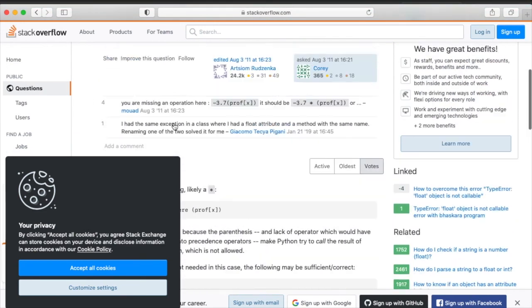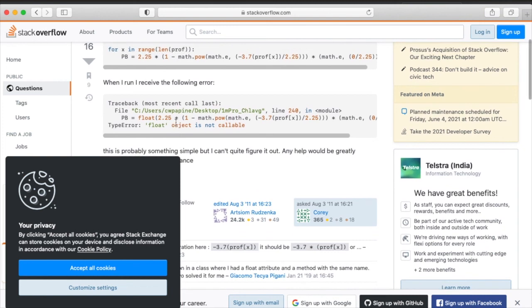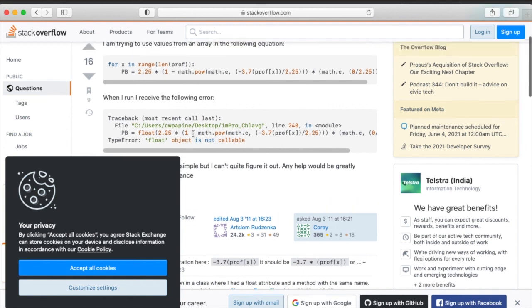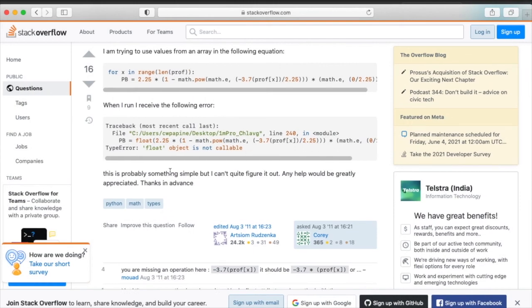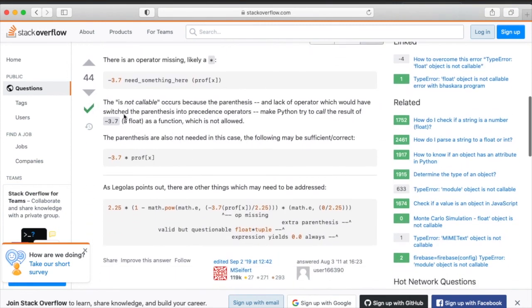And one thing about being a beginner in programming is that every error you get, someone's already gotten it and someone's already figured out the problem. So all you have to do is Google it. This guy's also receiving the same error. Now let's see what the answers are.